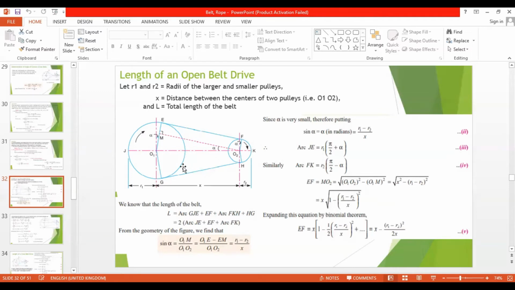So when you add all these, you will have the length of the belt.